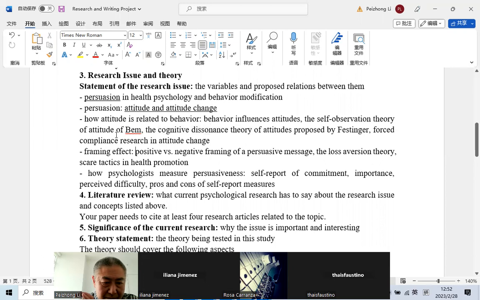So another concept investigated in the paper we're going to write about is the framing effect. Framing is how you frame the message. There's positive framing and negative framing. In your literature review, you want to find some information about this topic. The framing effect is related to loss aversion theory.